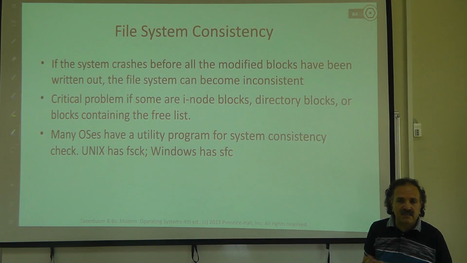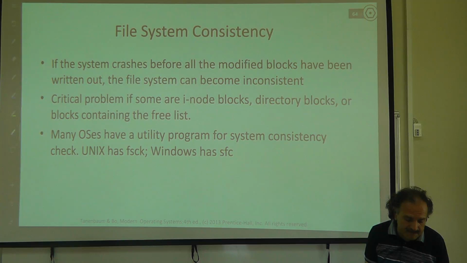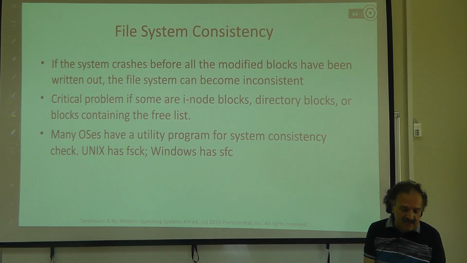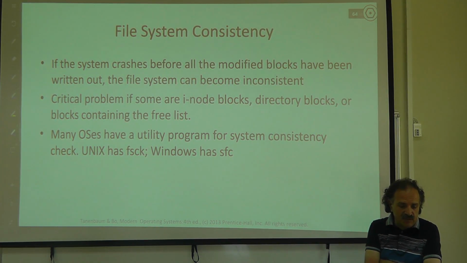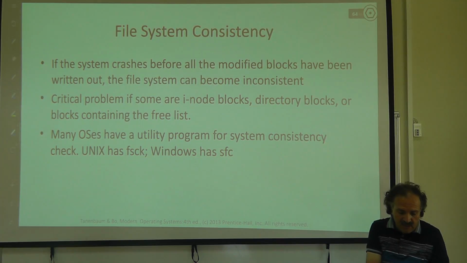And you are not losing a single file, or 2 or 3 files. You might lose your whole disk file system. That's a very, very serious issue. So operating systems have developed many techniques to address these kinds of problems under this topic, file system consistency.